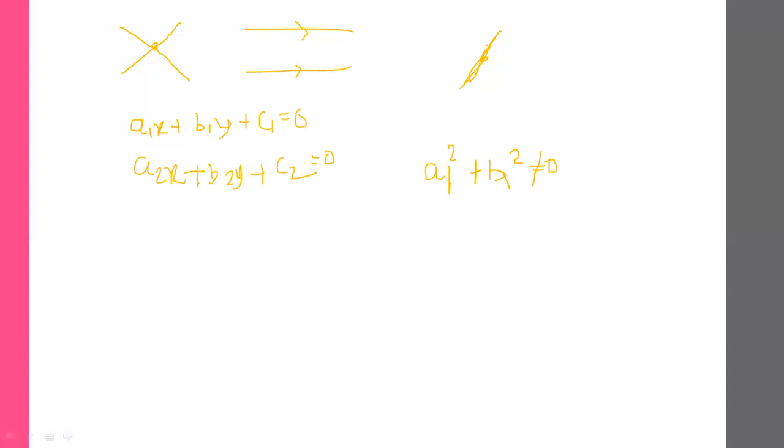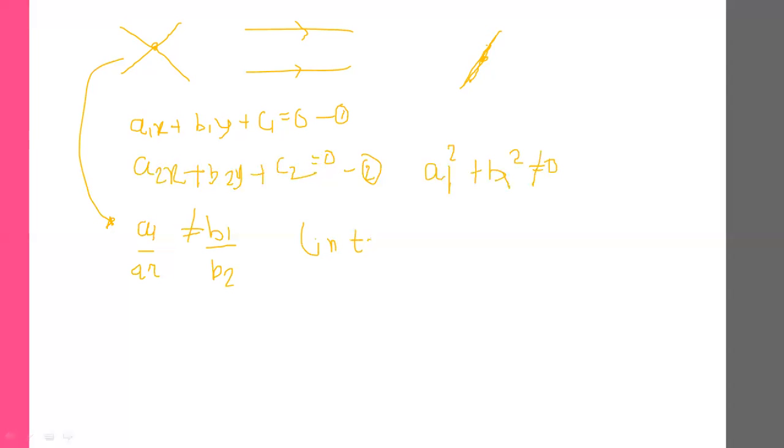So how can we say that a line is intersecting or it is giving a unique solution? So if we take these two equations, first and second, if a1 by a2 means the coefficient of x in both the equations is not equal to b1 by b2, the coefficients of y in both the equations, then the lines are intersecting, and intersecting lines have a unique solution.